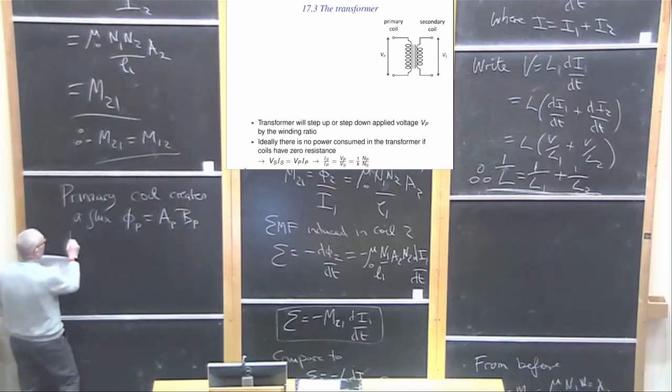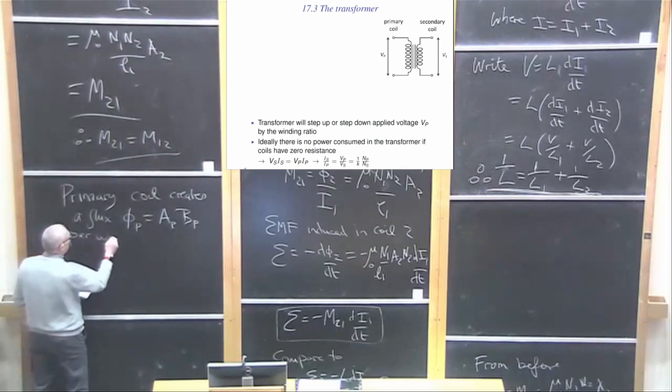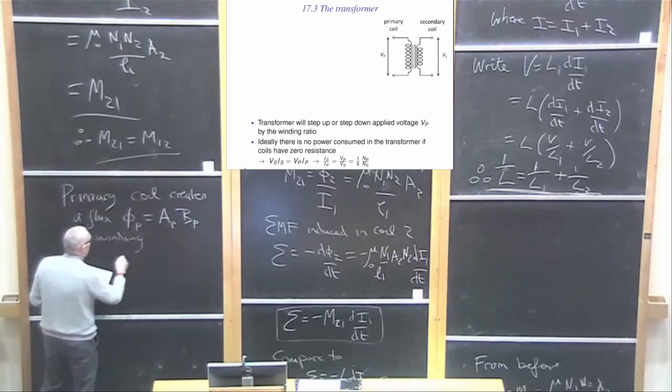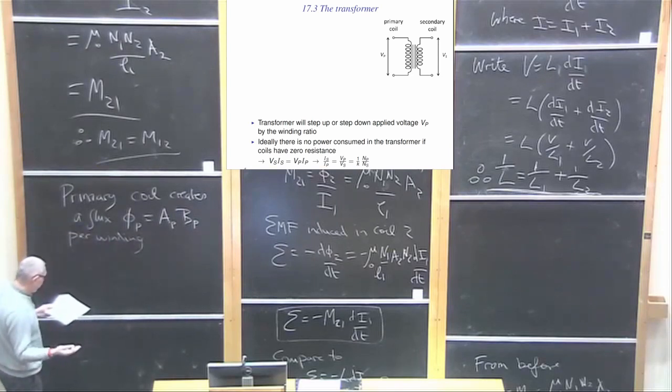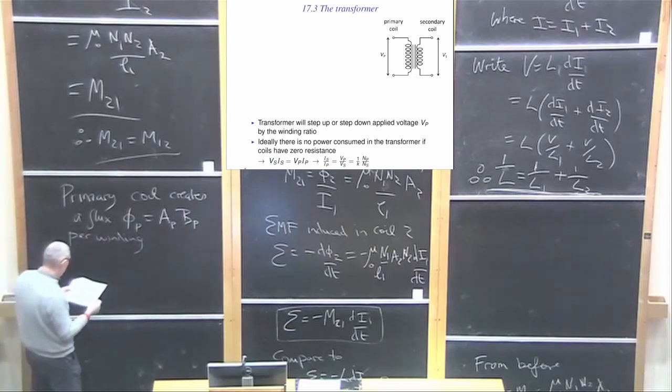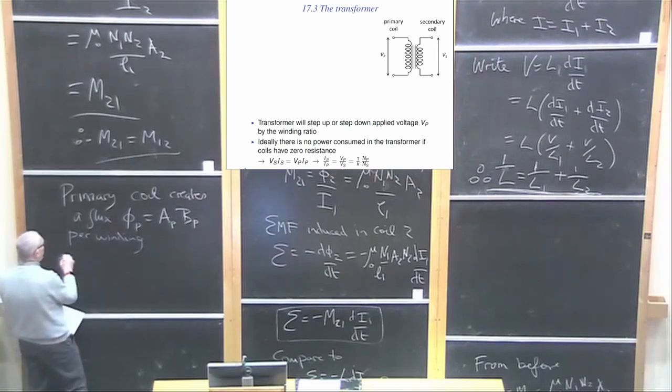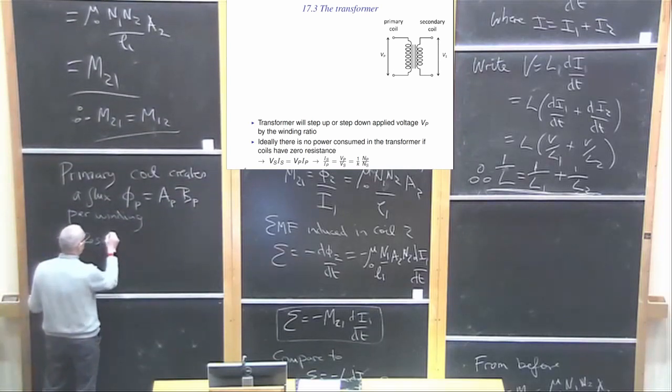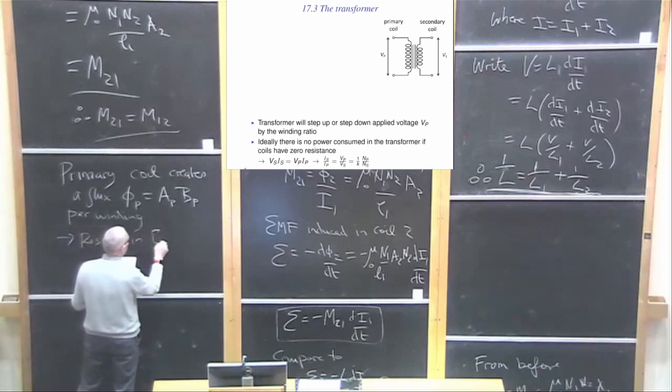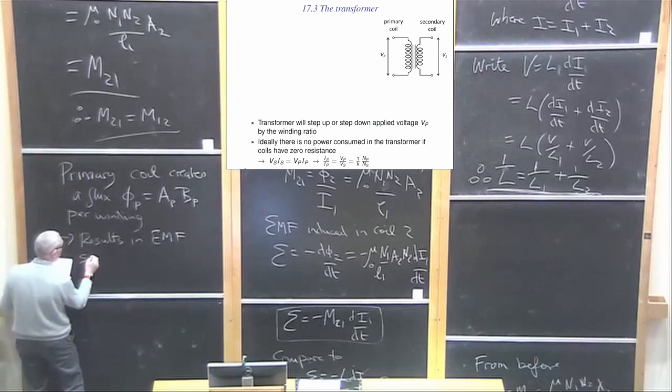And this is per winding. So that's the definition of flux in the primary coil. That results in an EMF in the secondary coil.